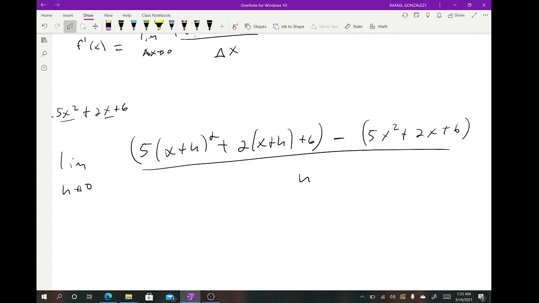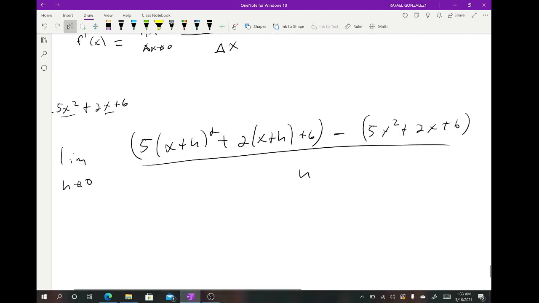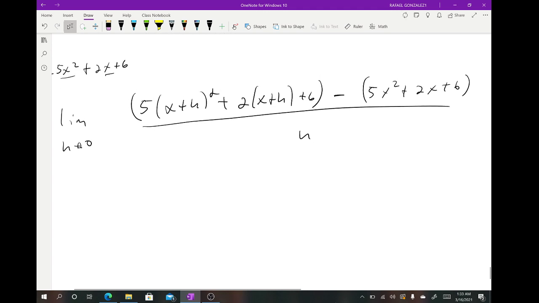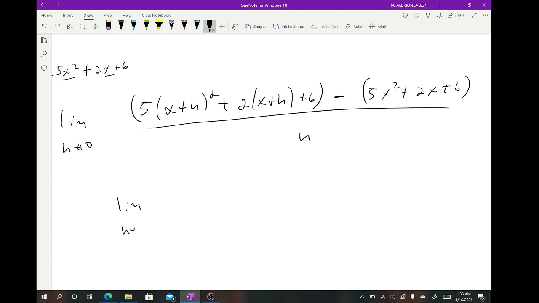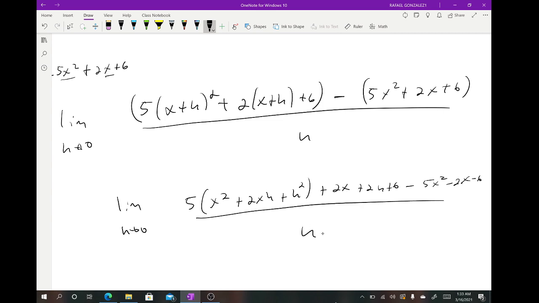Okay, so now we could simplify the top. So we have the limit as h goes to 0 of 5 times x squared plus 2xh plus h squared plus 2x plus 2h plus 6 minus 5x squared minus 2x minus 6, divided by h.